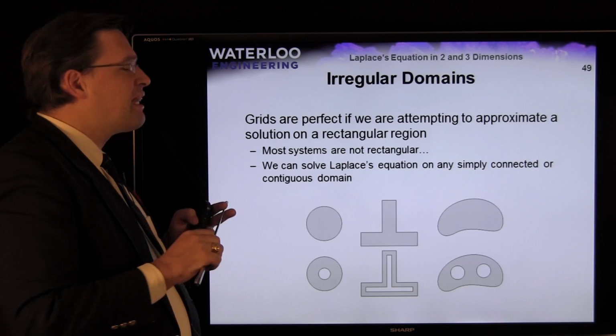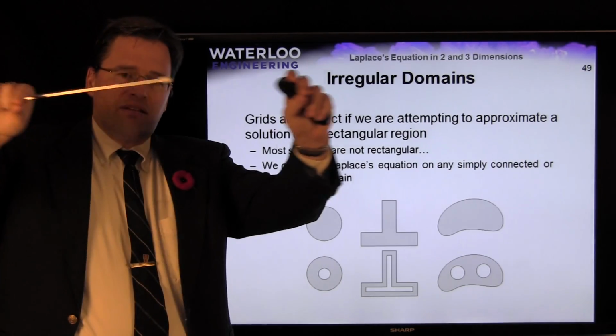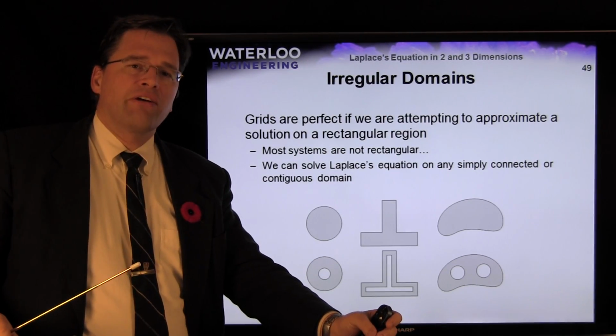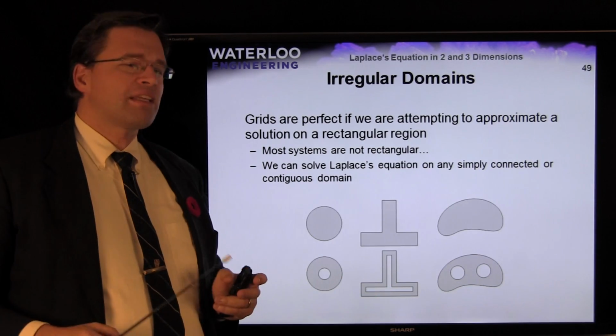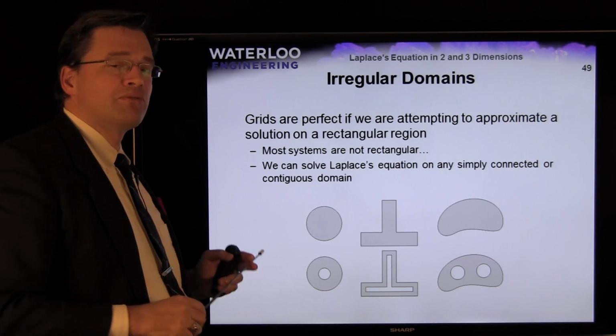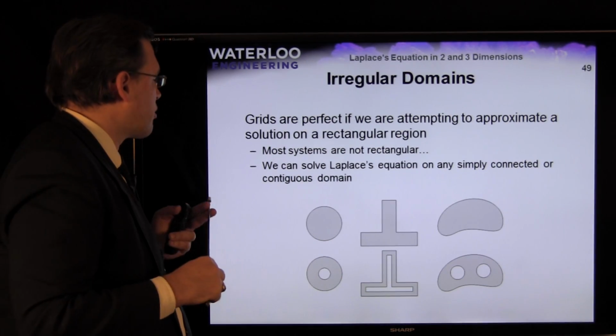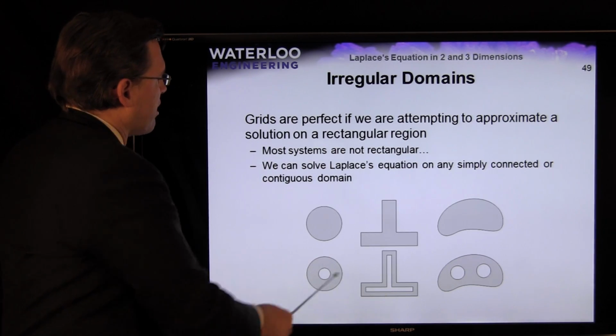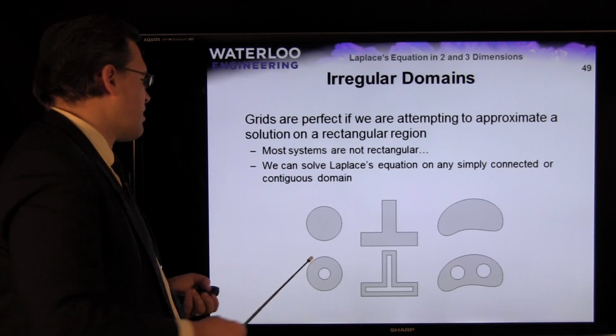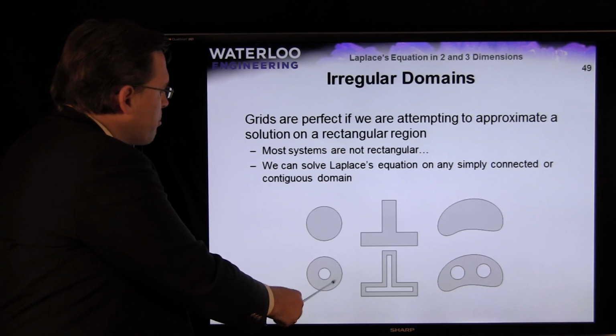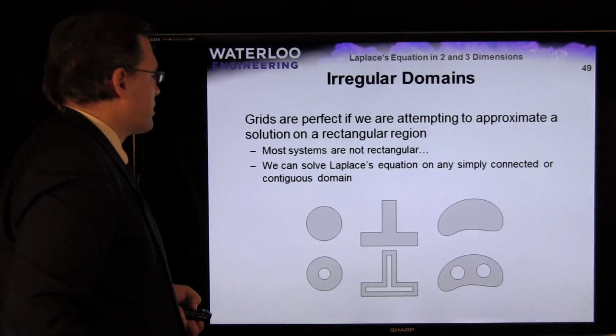Now, the grid that we were looking at before perfectly fit a rectangular boundary. Most things in the world do not have regular boundaries, or at least not rectangular boundaries. You might get lucky, but unlikely. You might have spherical boundaries or irregular boundaries.